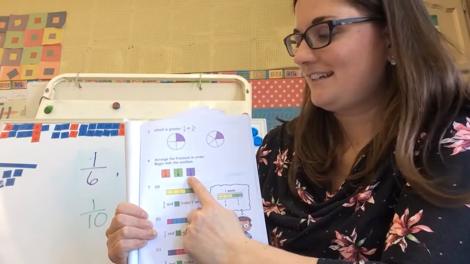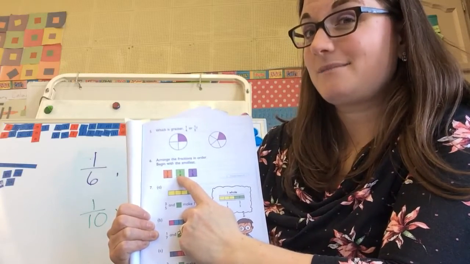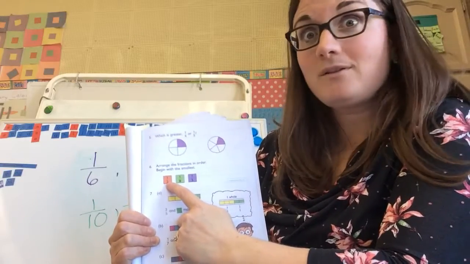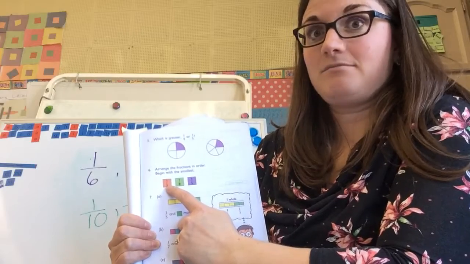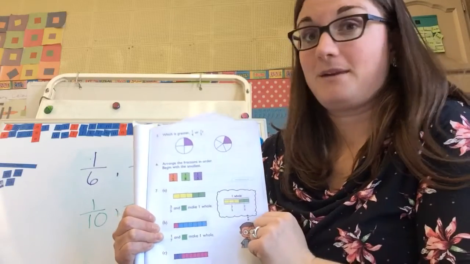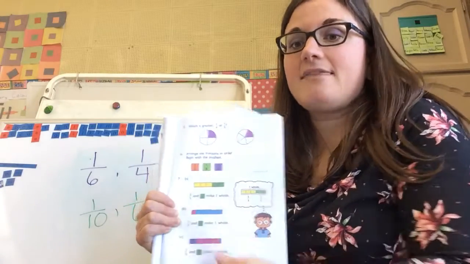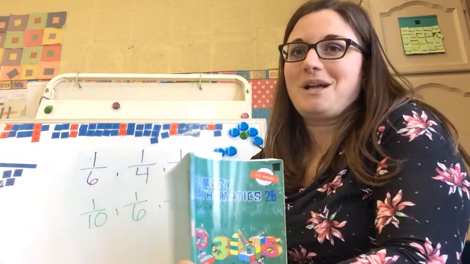Which would be the smallest? Remember, the bigger number is the smallest because it was broken into 8 pieces. This pie was only broken into 2. Imagine a whole pie, only broken into 2 pieces. That piece would be a really big piece. That would be our biggest. You can look at this page for these ones, and then you are going to do exercise 44 in your workbook. Have fun.